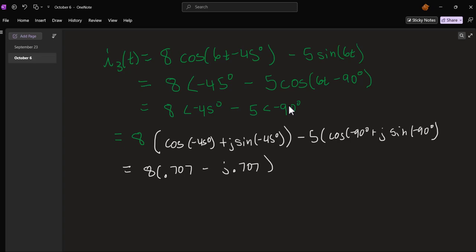So if I have 6 plus jB, or 6 plus j4, the real part of 6 plus j4 is 6, and the imaginary part of 6 plus j4 is 4. I just don't write the j. And so it's weird that it's the imaginary part, but we don't put the j on it.